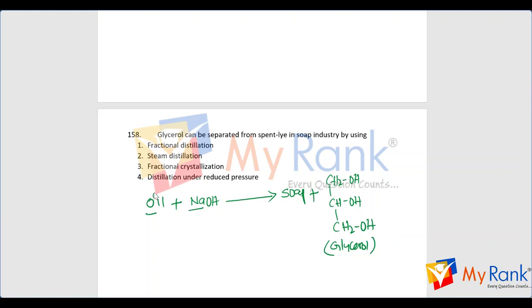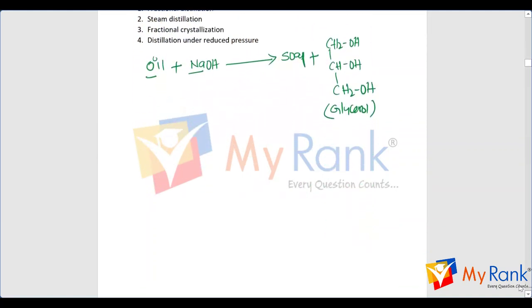Then how to separate the soap and the glycerol? Glycerol decomposes below its boiling point, like H2O2.